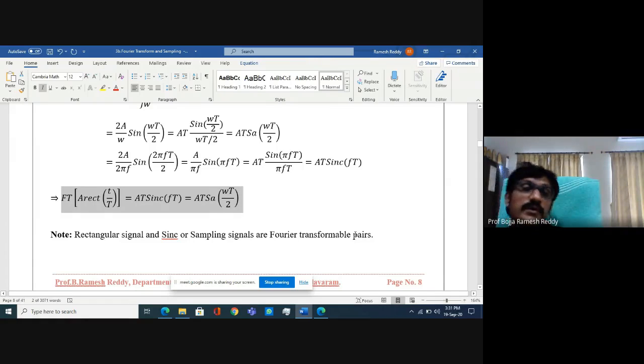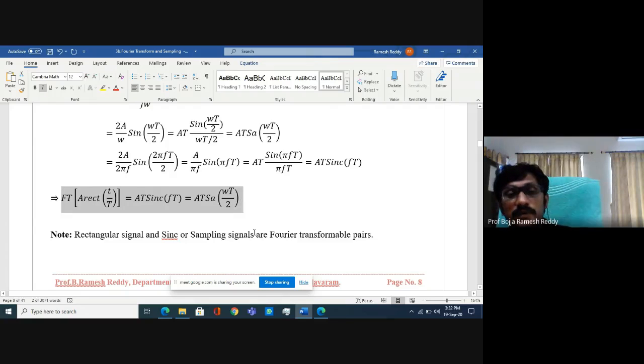This is another important one. Initially, in the beginning, we got one statement: impulse signal and DC signal are Fourier transform pairs. Now here, rectangular signal and sinc signal, or rectangular signal and sampling signal, are Fourier transform pairs.